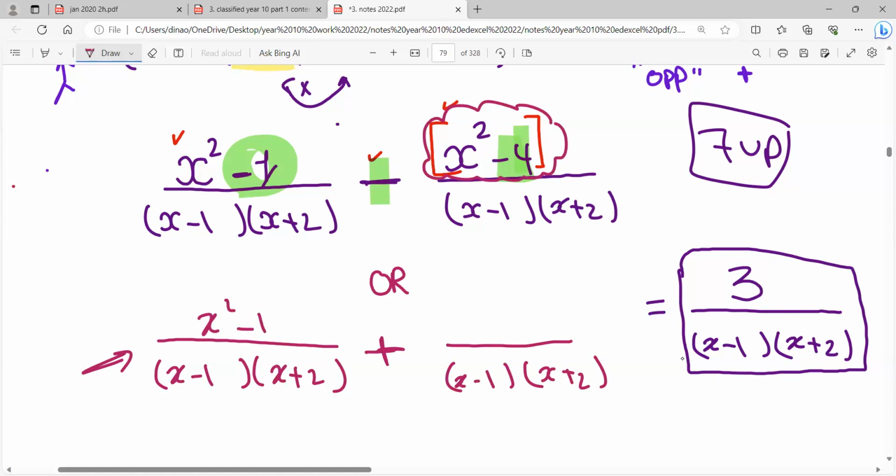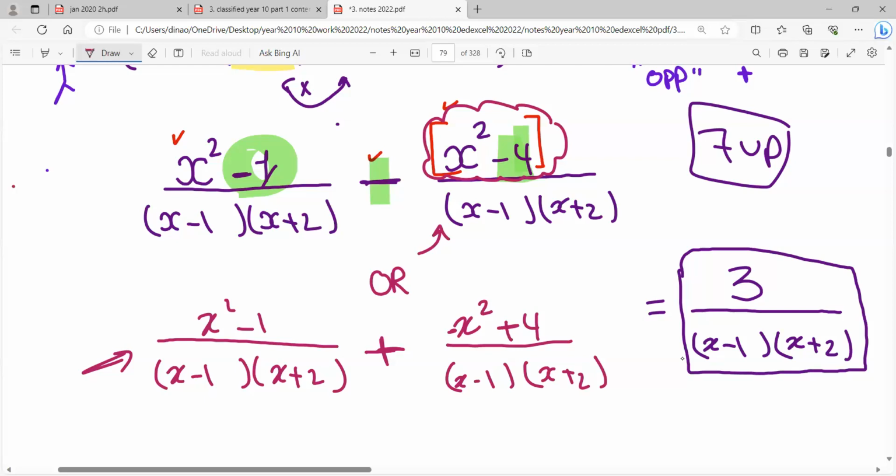Change the sign of the expression after the subtraction sign. So x power 2 becomes negative x power 2, and minus 4 becomes plus 4. And then of course you combine, reaching this final answer.